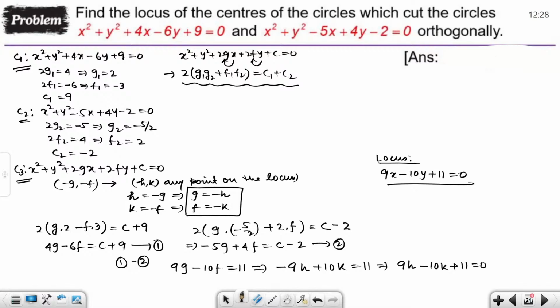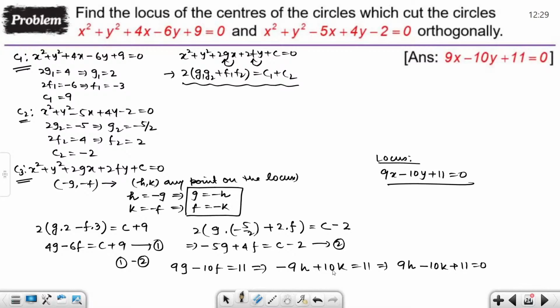So what I have done in this question is simply applied the property that when two circles intersect each other orthogonally, the formula is 2 times (g1 g2 plus f1 f2) equals c1 plus c2. And in this question, you should be careful about one thing: finding g1 and f1.